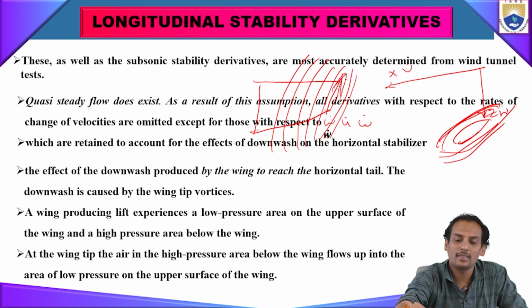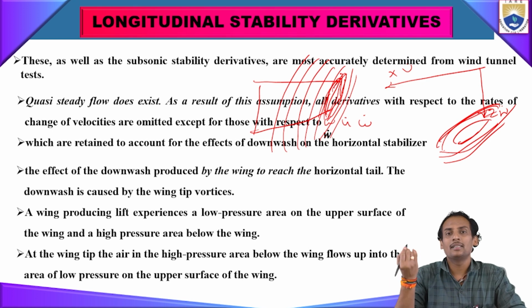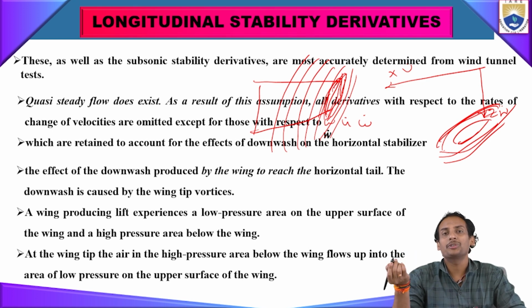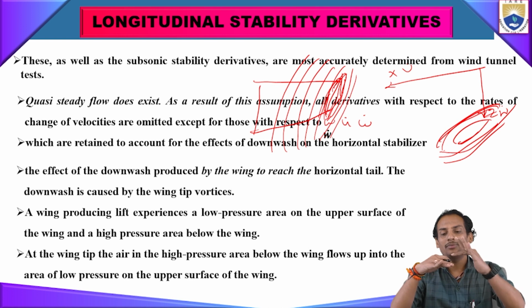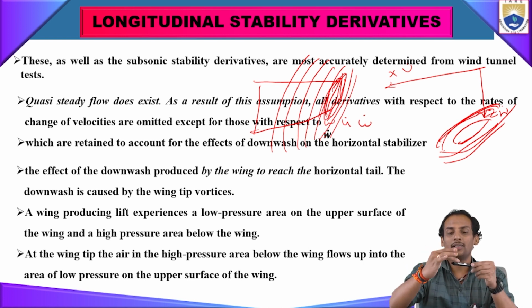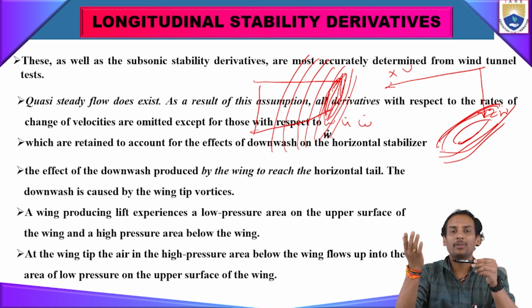At the tip of the wing, the upper surface has a lower pressure and the lower surface has a higher pressure, and due to that only the aircraft is able to move. From the fuselage up to the wing tip, the flow will not create any additional disturbances.